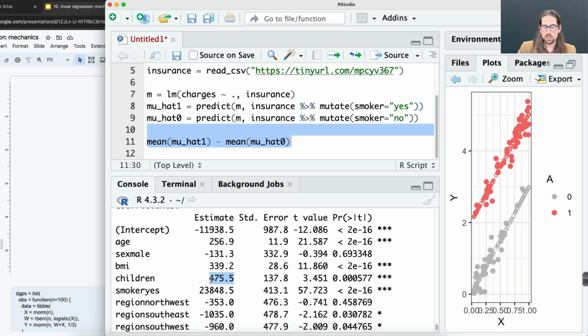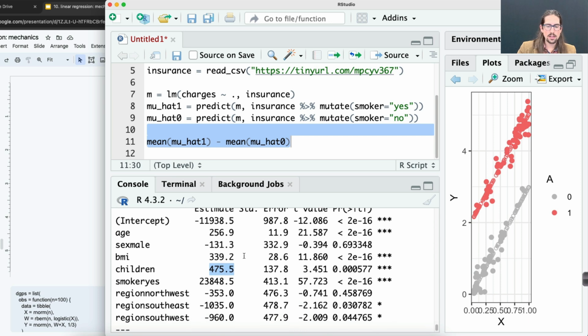Oh, the effect of having more children increases on average charges by some amount. That is very tenuous, because in order to interpret this, we had to think carefully about what the confounders are, right? Is this really representative of a causal ATE? And also, this is a binary variable. This is not. So since this is not a binary variable, the causal interpretation is also a little bit trickier and not necessarily uniquely defined.